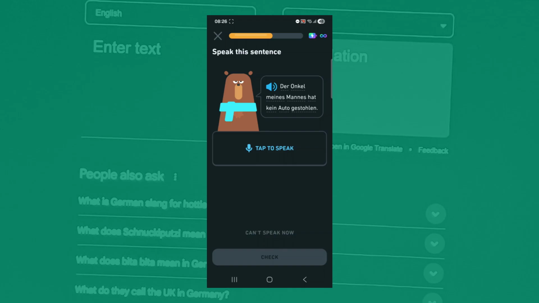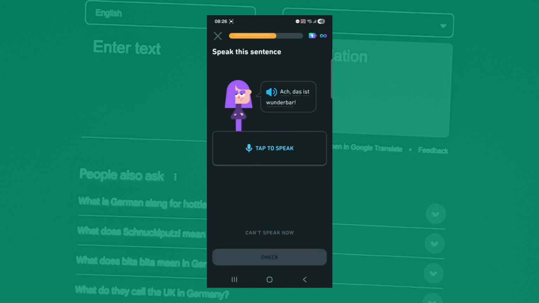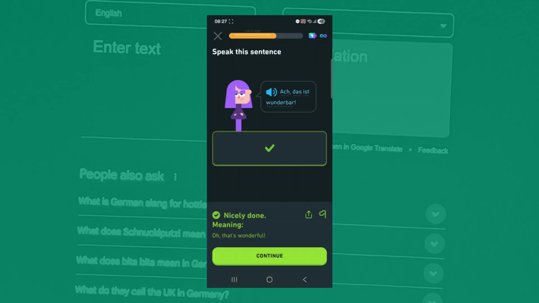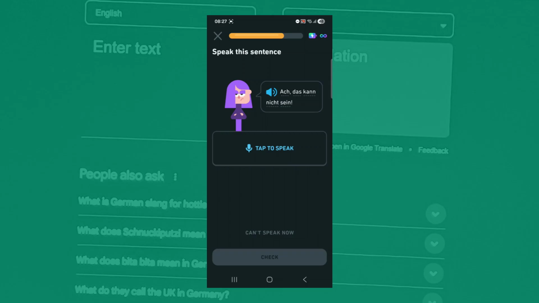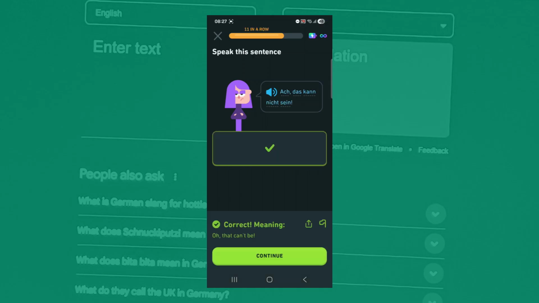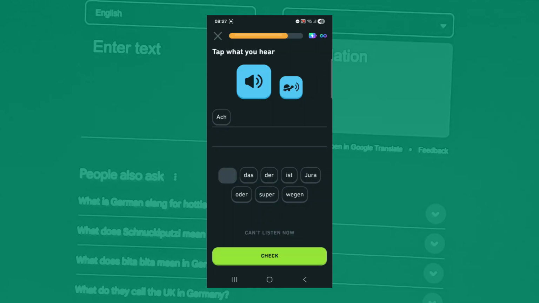Der Onkel meines Mannes hat kein Auto gestohlen. Ach, das ist wunderbar. Ach, das kann nicht sein. Ach, das ist super.